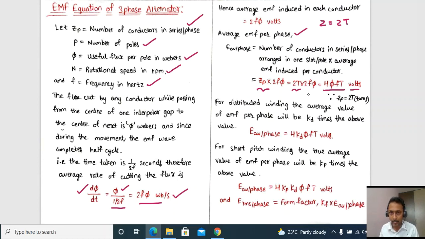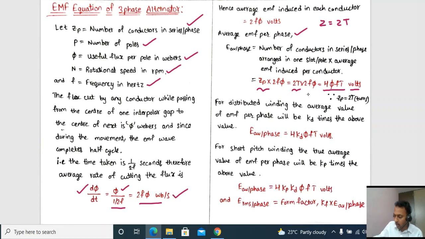But practically, if it has some pitch factor and distribution factor, Kp and Kd values, then the same average value per phase, considering the Kd value, will be 4 Kd phi ft. Similarly for short pitch winding, the true average value of EMF per phase will be Kp times the value, so it will be equal to 4 Kp Kd phi ft.